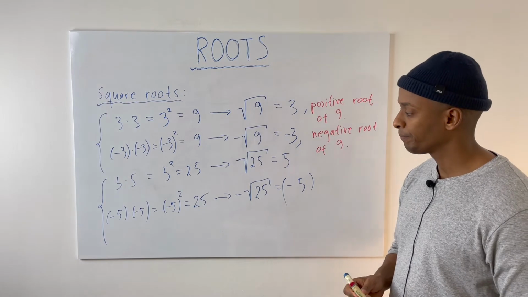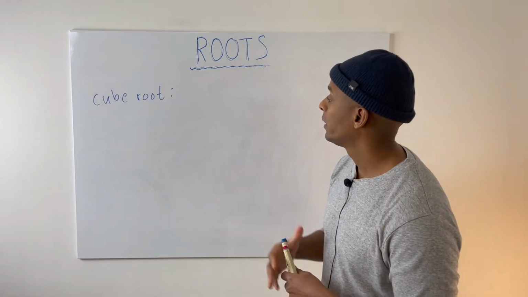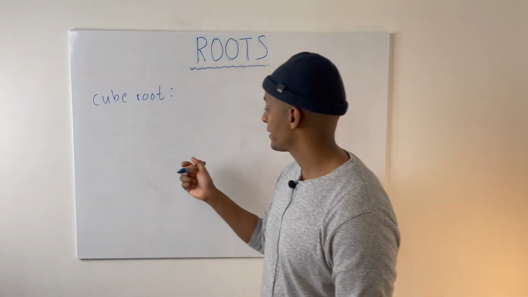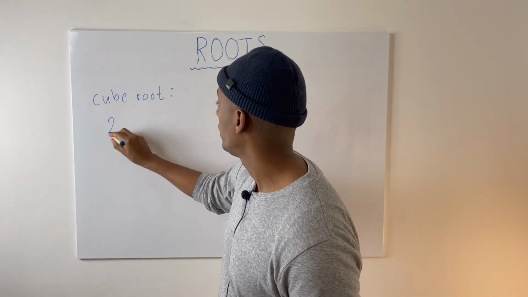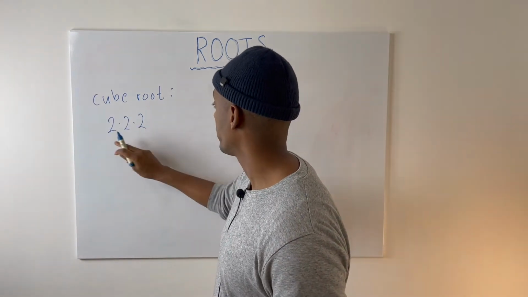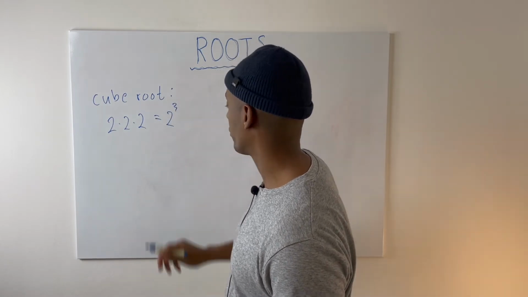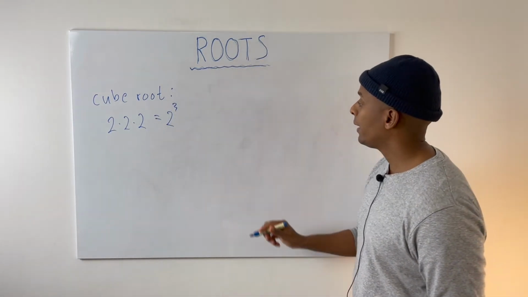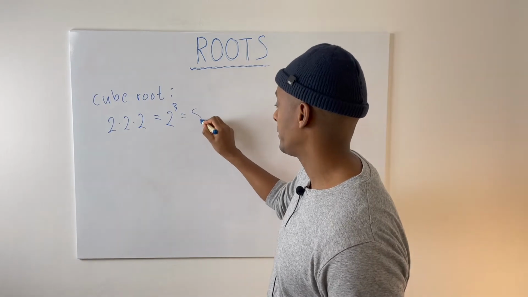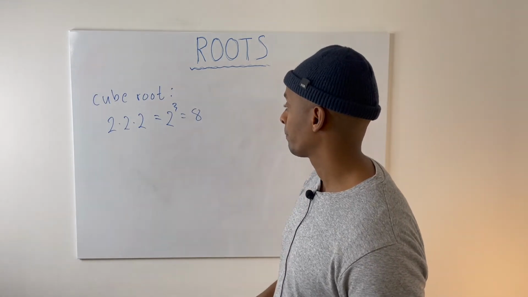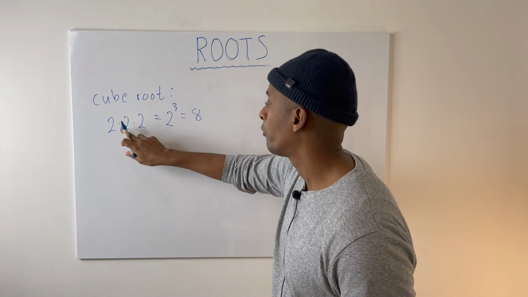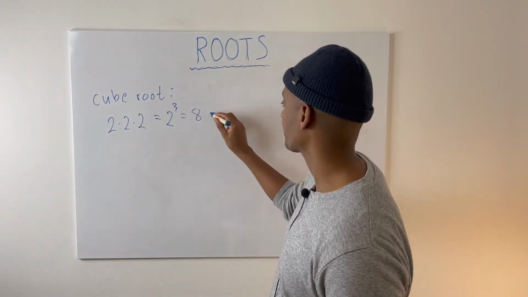Okay? So now let's look at the cube root. Let's say, for example, we take 2, we multiply with itself 3 times, 1, 2, 3. That's the same as 2 to the power of 3, right? And that's equal to 8. 2 times 2 is 4, 4 times 2 is 8.